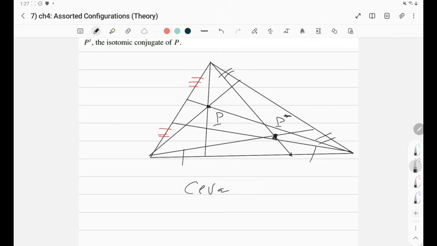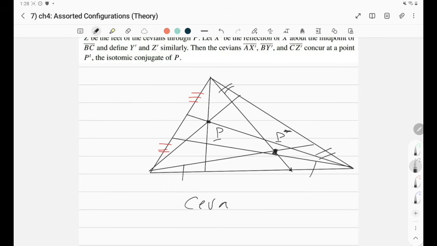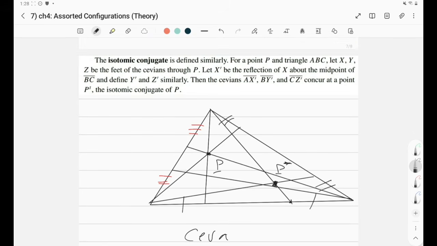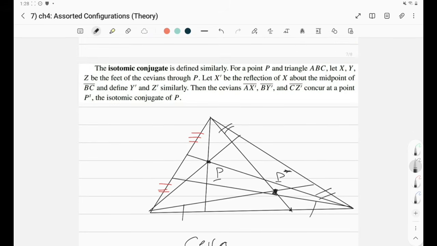Now we just apply standard Ceva, and as you can see, the product of this over this will be 1 by Ceva. Now we need to show that the same happens for the other one, but it does, because this over this is just the reciprocal of the previous one. So since the first one cancels, the other one cancels as well. So standard Ceva will do both, the isogonal conjugate and the isotomic conjugate.